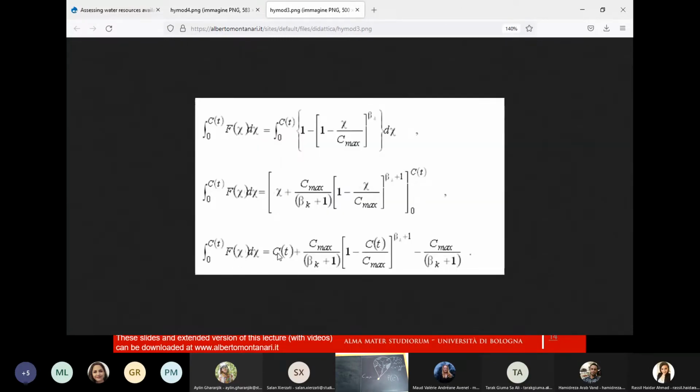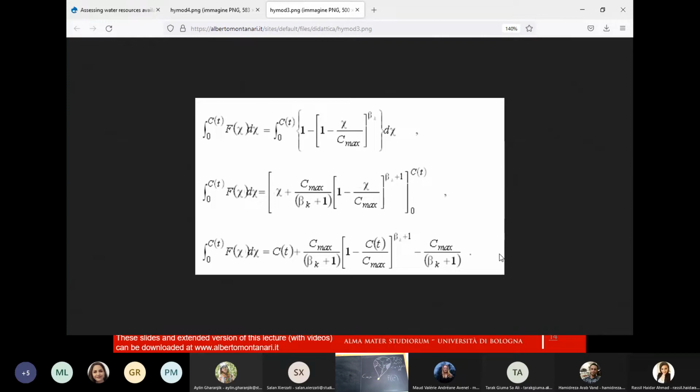From this result, I have to compute now Ct minus the integral. The result of the integral is in the third line, right-hand side. Now, if I compute Ct minus Ct, they annihilate. And then minus C max divided by beta k plus 1 times the square parenthesis.